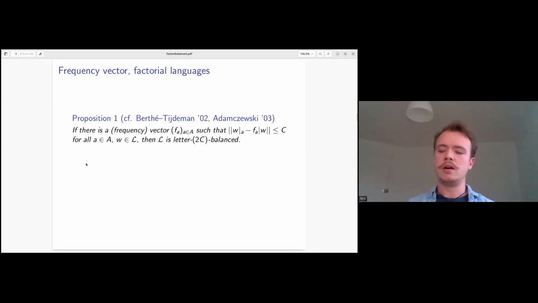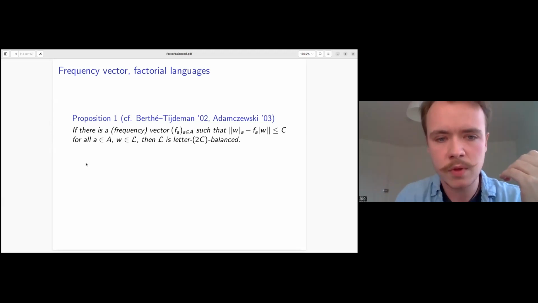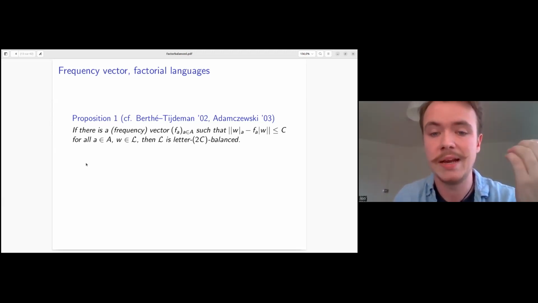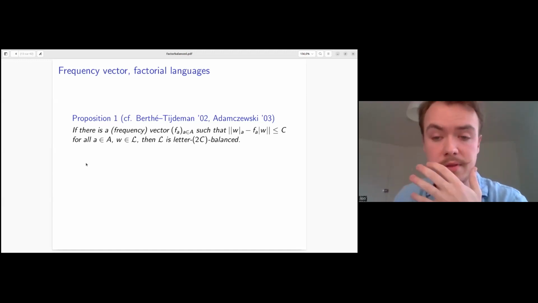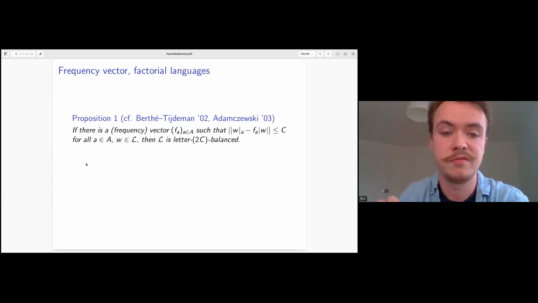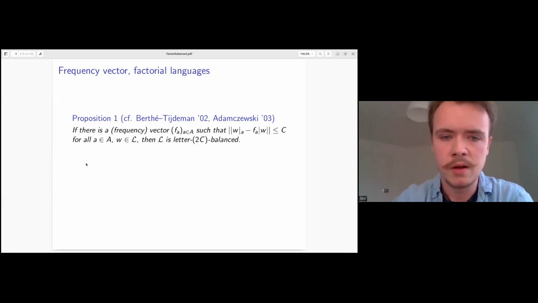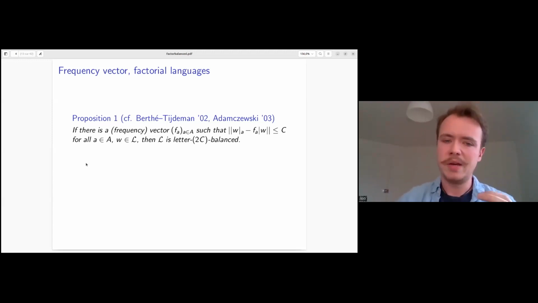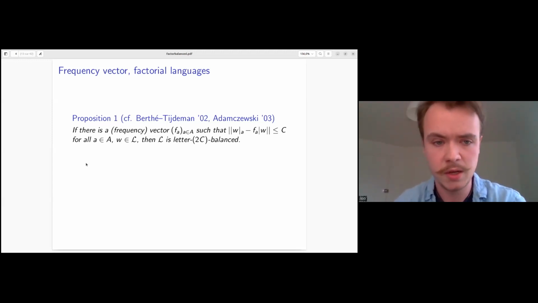So first, the one property that is important to be reminded is the characterization of being letter balanced with the bound on the distance from a certain vector, which is called the frequency vector. This has first been studied a bit by Berthet and Tillman in 2002, and then proved by Adamczewski.